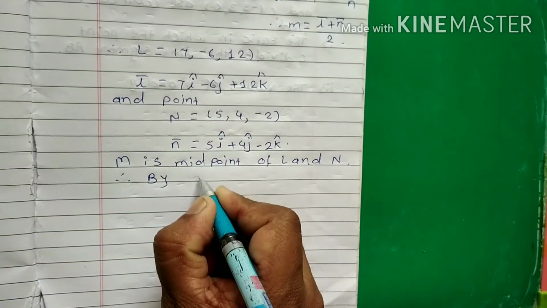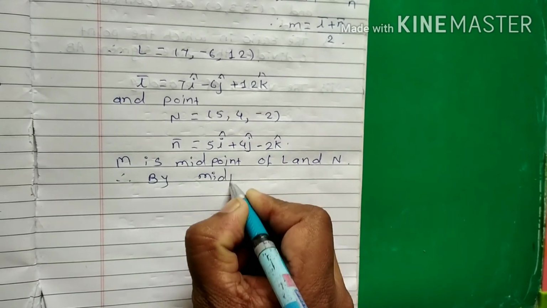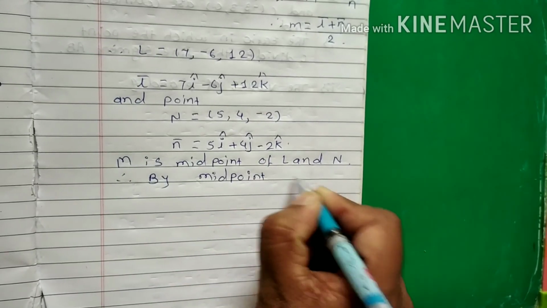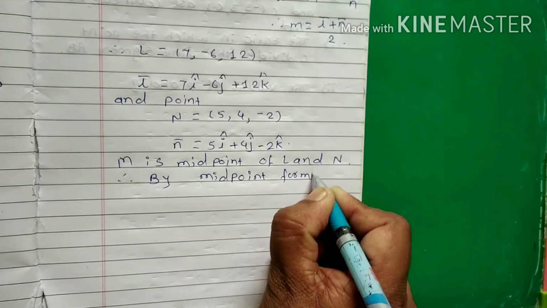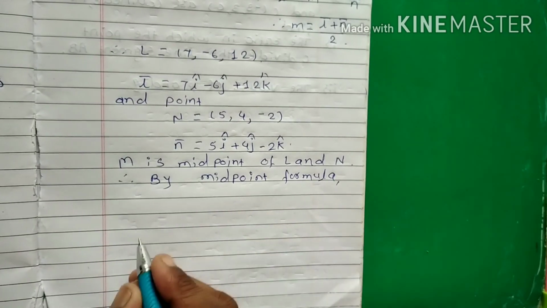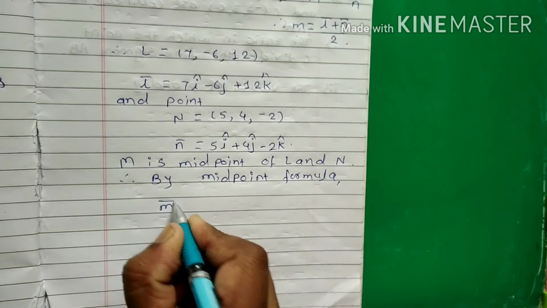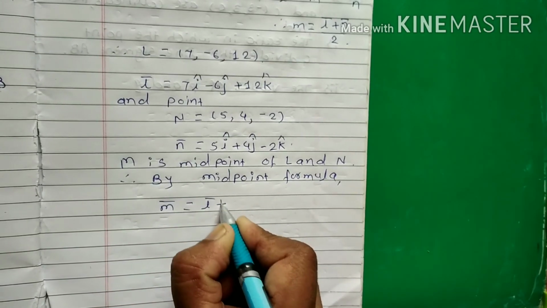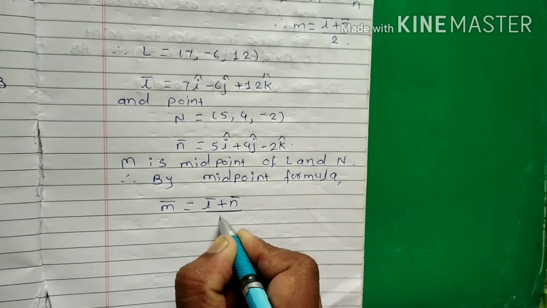We know that by the midpoint formula, m bar is equal to l bar plus n bar divided by 2.